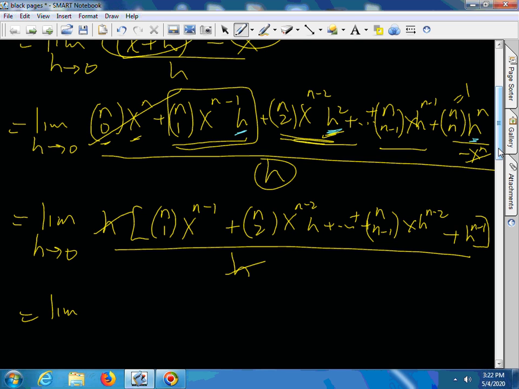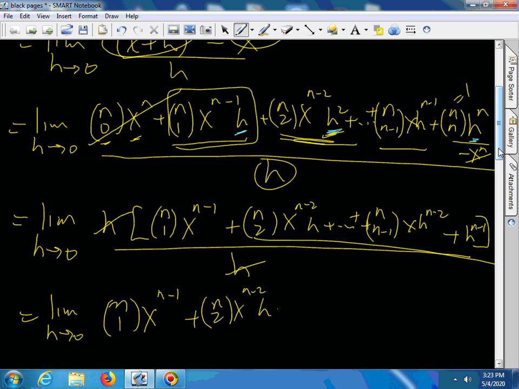And then you get the limit as h goes to 0 of n choose 1, x to the n minus 1, plus other terms that all have h's in it. But h is going to 0.